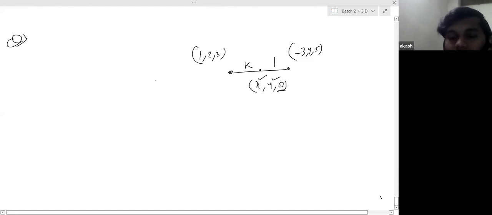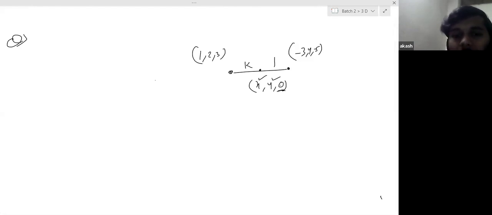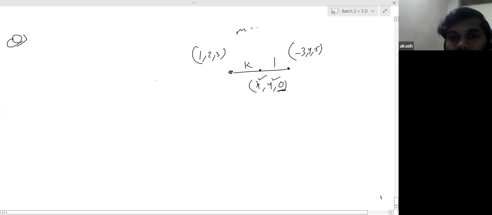Peer, you know the formula? Yes or no? Then apply the formula for z coordinate. Right. This is the ratio. The value of m is k, n is 1. All right. Just apply the formula. You'll get the value of k. All right.